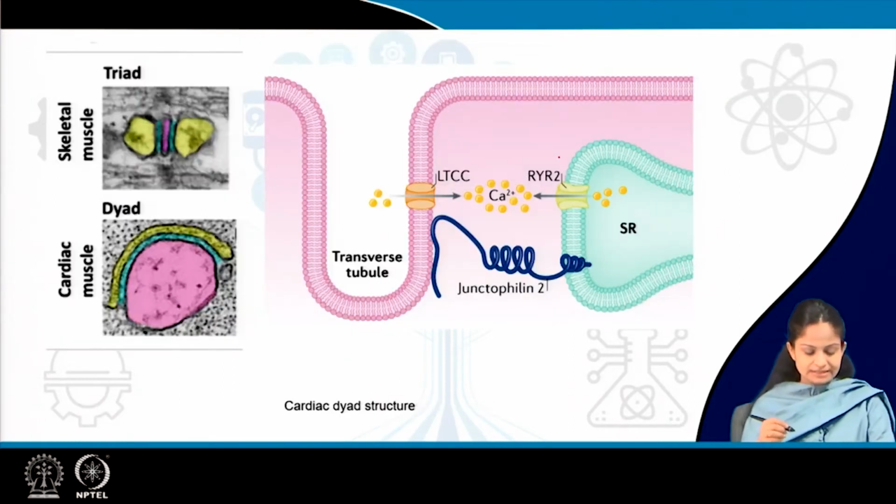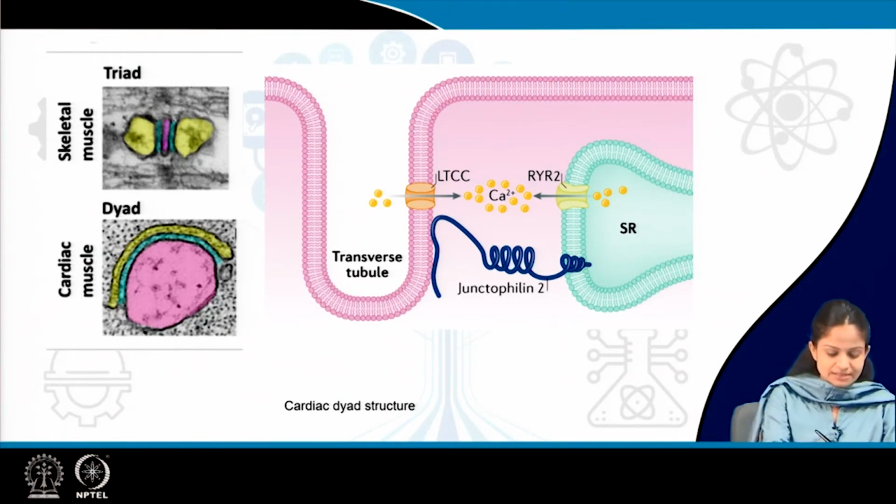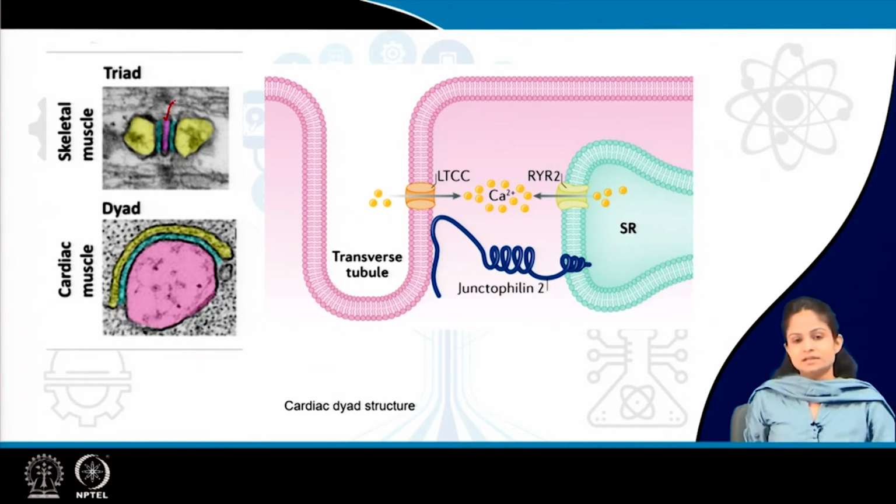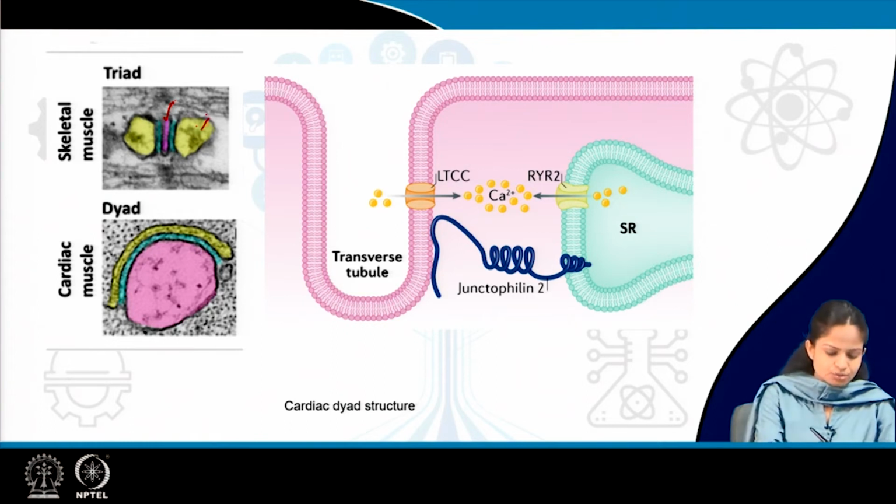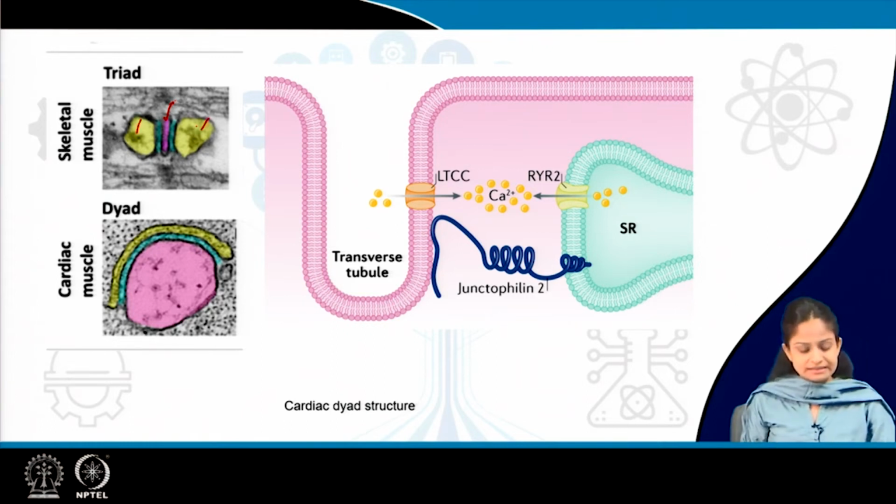Now, as you can see in this diagram, this is the triad of the skeletal muscle. The pink one is the T-tubule, and these two light green structures are the cisternae. So, there are two cisternae and one T-tubule forming a triad structure in a skeletal muscle. This T-tubule is very lean while the cisternae is very much developed. The cisternae is the sarcoplasmic reticulum, the storehouse of calcium.